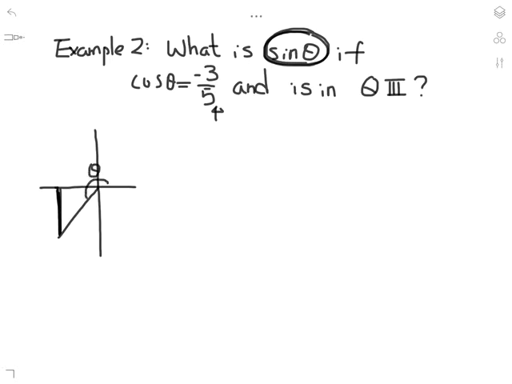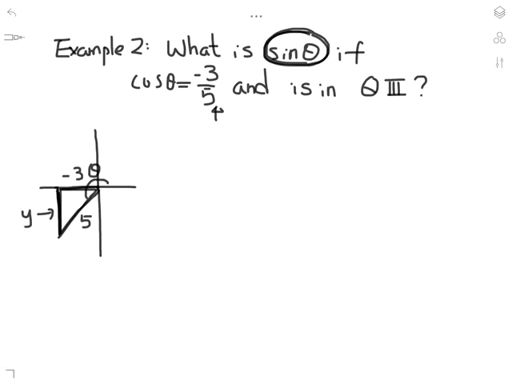And we know that cosine is -3 over 5. So we have the adjacent side as -3 and the hypotenuse as 5. How about the opposite side? How do I find it?